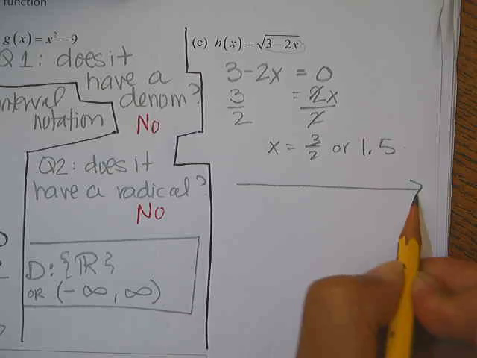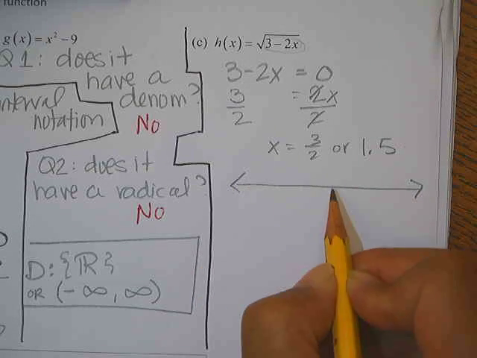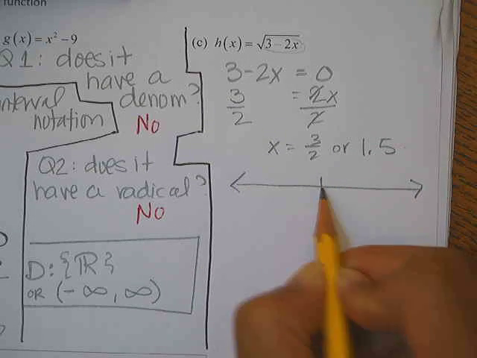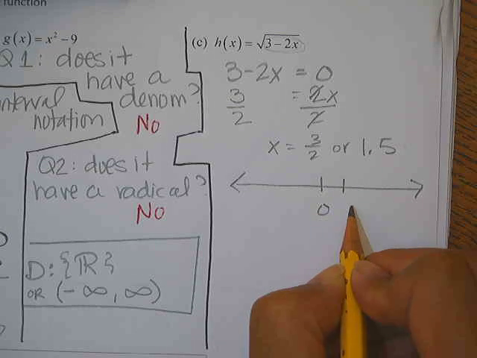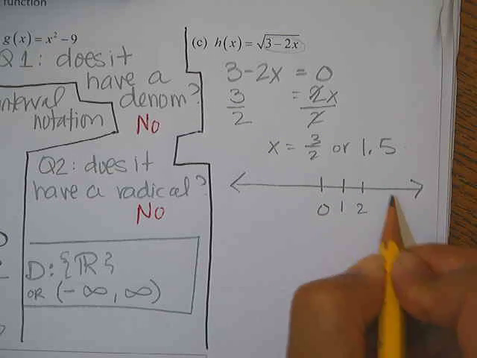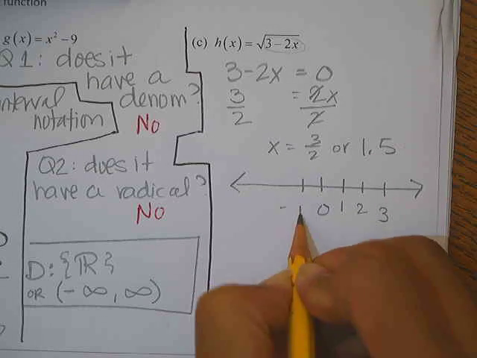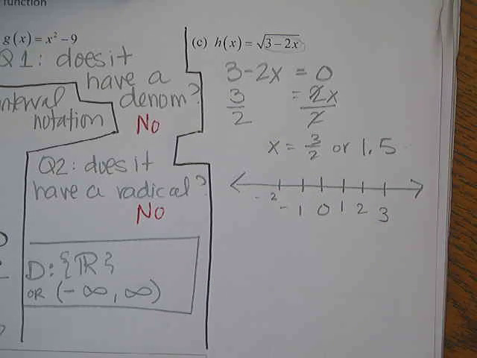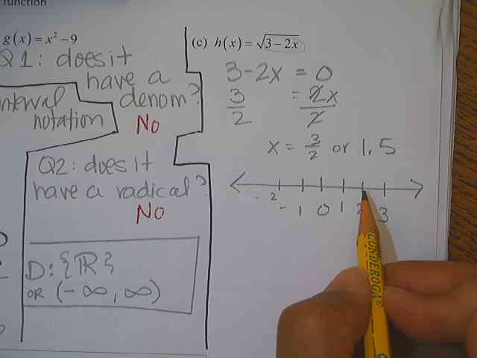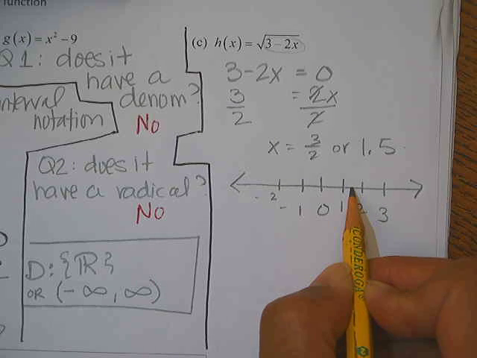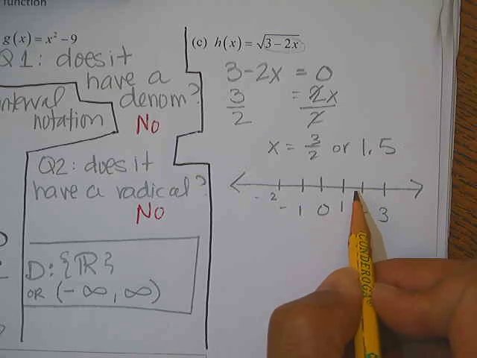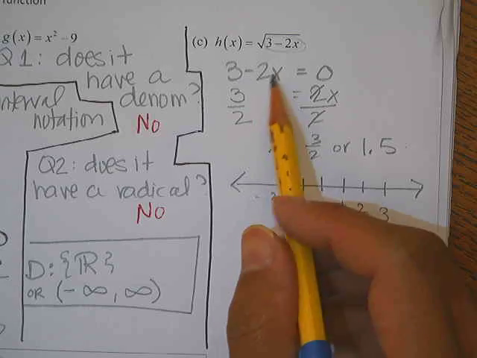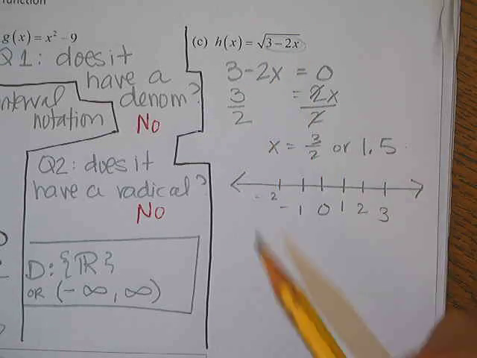Now we are not going to exclude 3 over 2. So 3 over 2 is a positive number. So this is 1, this is 2, this is 3, this is -1, this is -2, okay? What makes it 0 right now is 1.5. But we want to exclude things that make it negative, okay? So my question to you is, can I have the square root of 0?